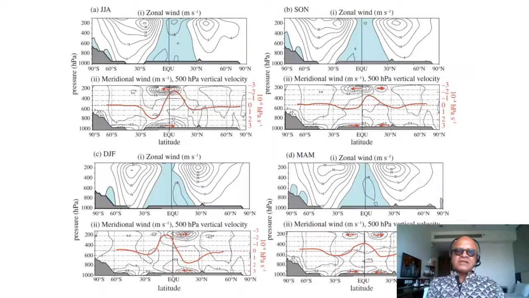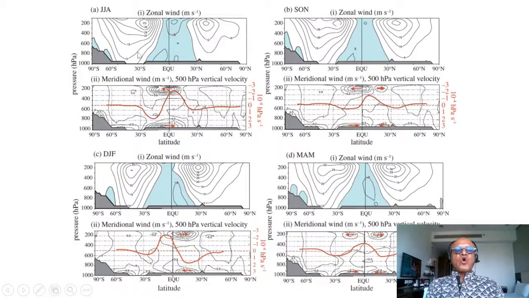We looked at this before, where we said there are meridional temperature gradients, and this is showing us meridional and vertical gradients of zonal winds and temperatures. Let's just focus on the zonal winds. Zonal winds in the deep tropics are mostly easterlies, so they are negative from the surface to the upper atmosphere.